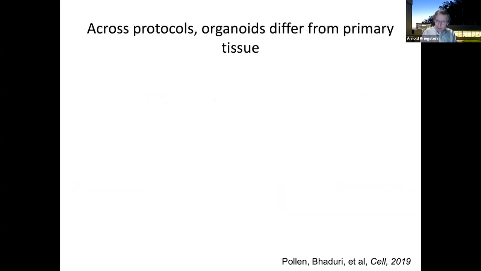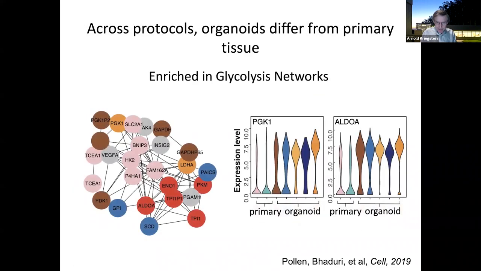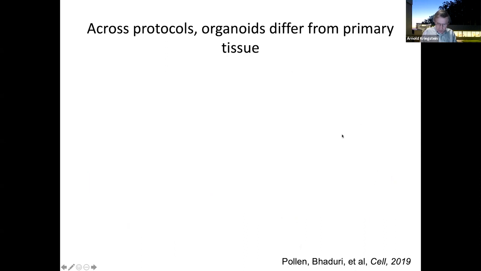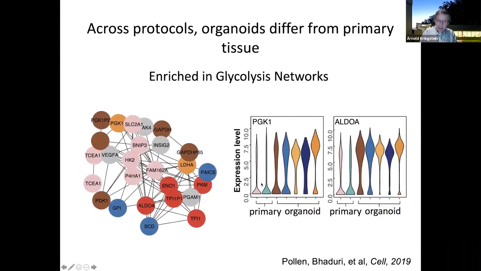But there were some significant differences that I want to highlight here. The organoids all had enriched glycolysis network genes. So shown here on the right in these violin plots, the first two traces represent these genes, in this case PKG1 and ALDOA gene expression, in primary tissue. And then the subsequent violin plots show the same gene expression levels across different organoids.